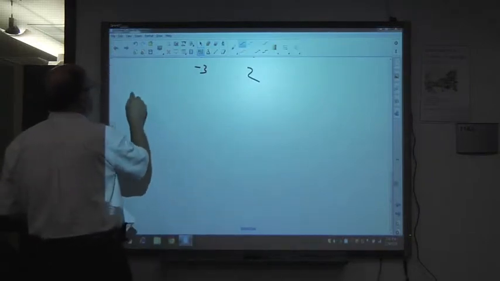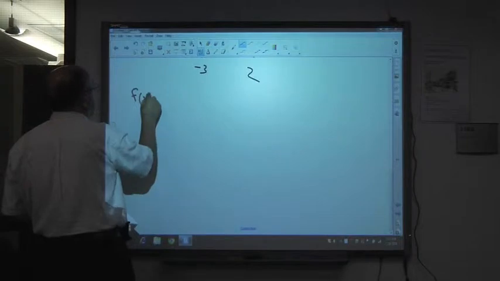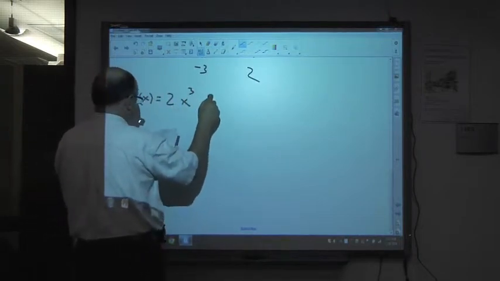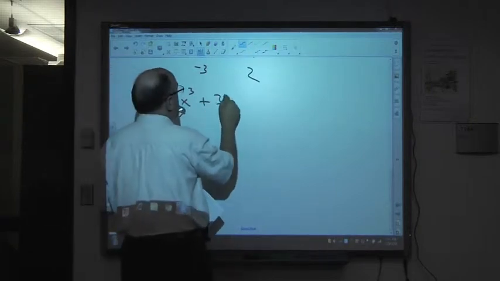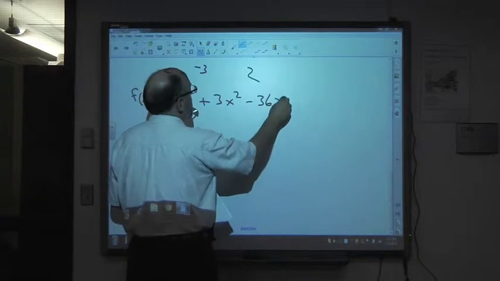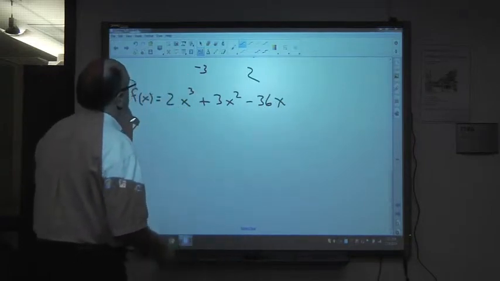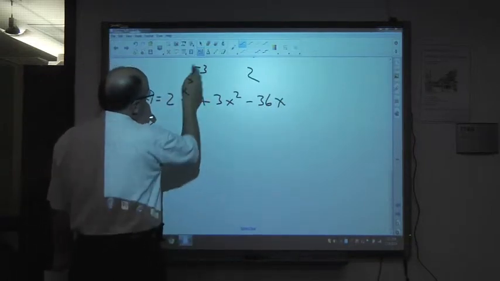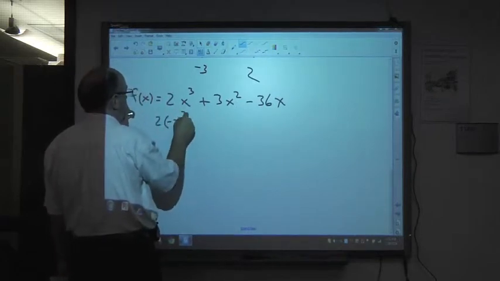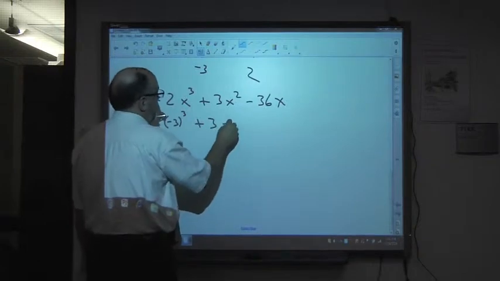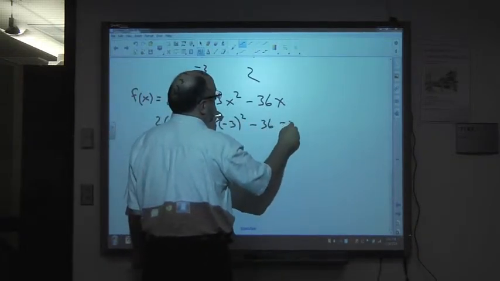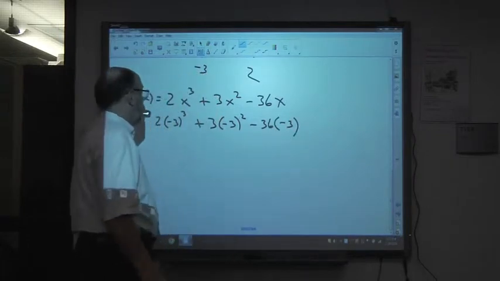So the original equation was that f of x was equal to 2x cubed plus 3x squared minus 36x. So we plug in our numbers then. We first plug in the negative 3, we get 2 times a negative 3 cubed, plus 3 times a negative 3 squared, minus 36 times a negative 3.